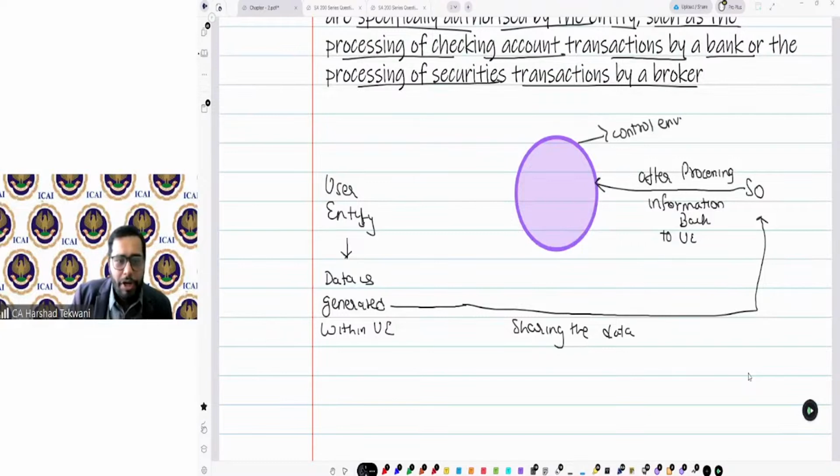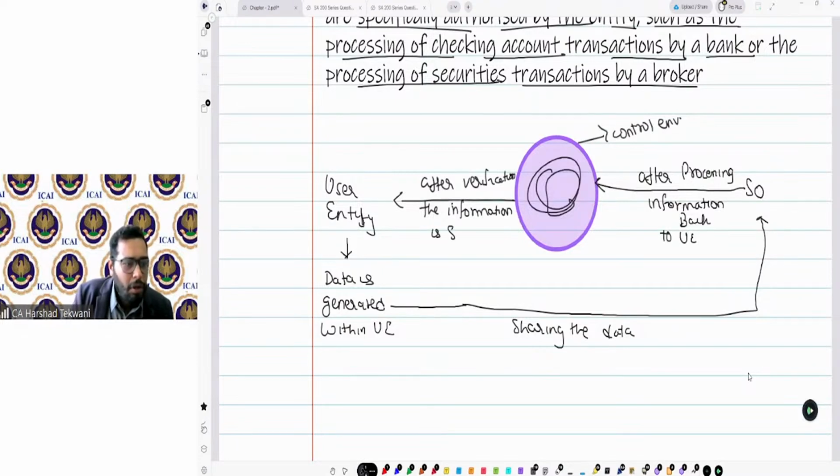So the data goes into this control environment, gets processed, filtered out, checked, whether the data is complete, accurate or not. And then after the control, the data comes to the user entity for processing. After verification, the information is stored in ERP. Understand? This is the usual or ideal way.